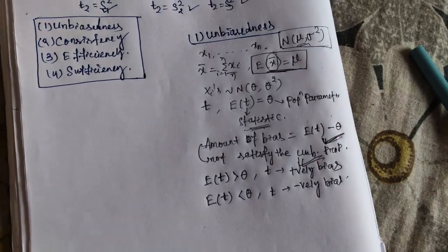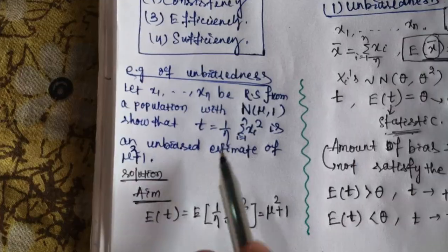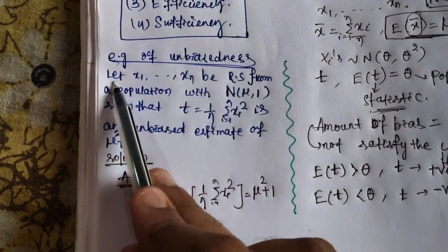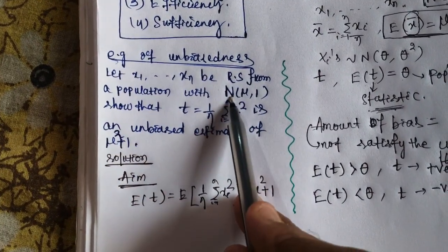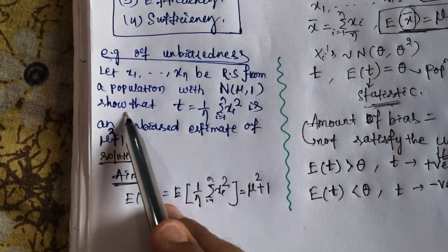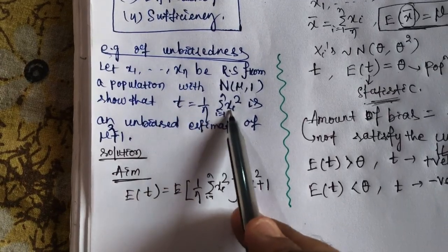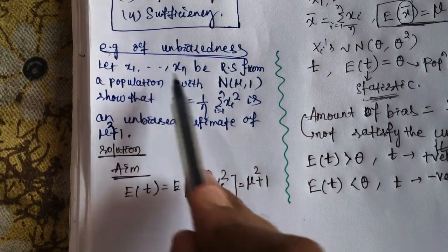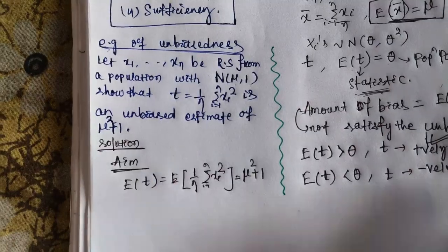So here I have taken a very small example regarding unbiasedness. Let x1 up to xn be a random sample from a population following the normal distribution with mean mu and variance 1. We have to show that t, the sample estimator 1 by n summation of xi square, which is a function of these sample values, is an unbiased estimate of mu square plus 1.